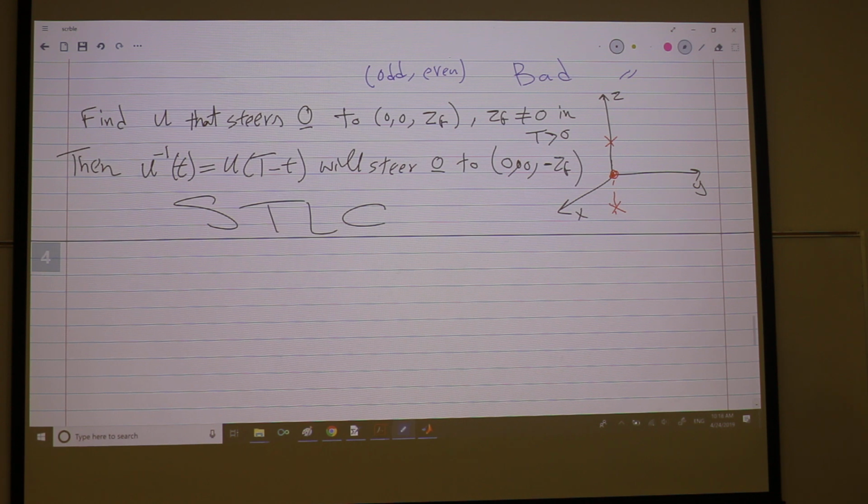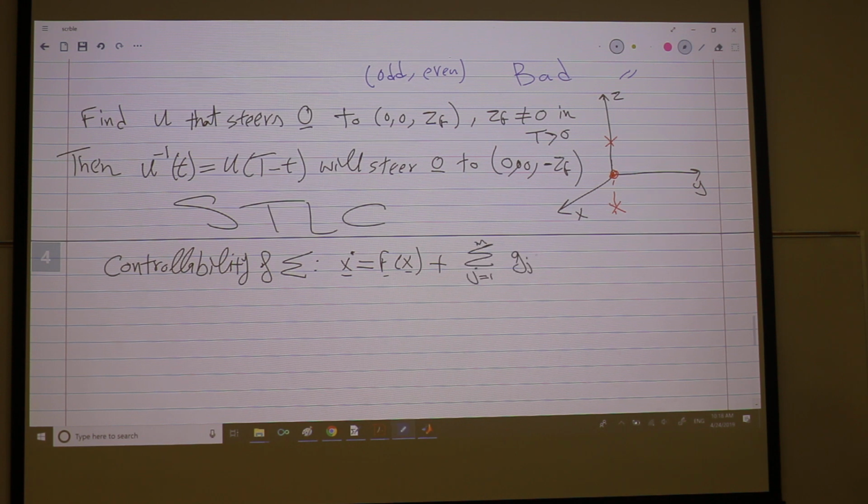So let's here talk in a little bit of detail about controllability of this system, our control affine system, x dot equals f(x) plus summation over j of g_j(x) u_j, from x0.